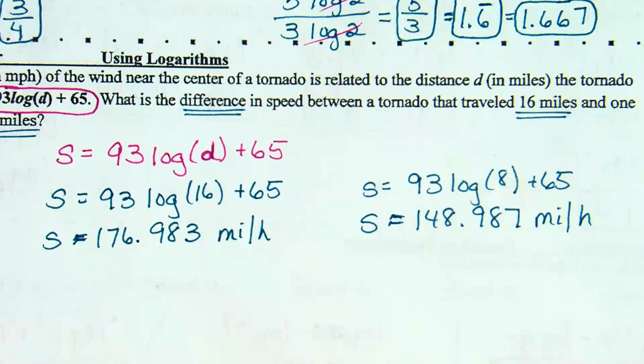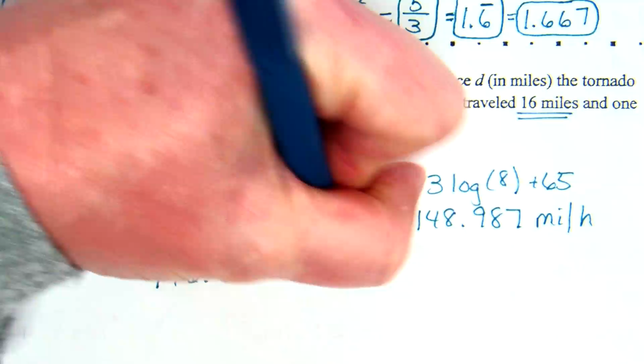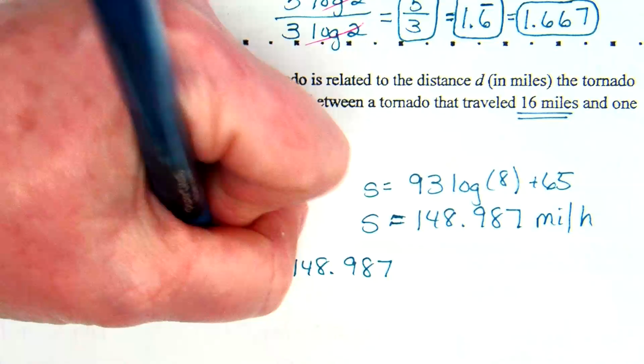What do I get? 27.996, which is approximately what? 28. And that would be 28 miles per hour. I always wait till the end to round, because if you round too soon, it can affect your final answer.